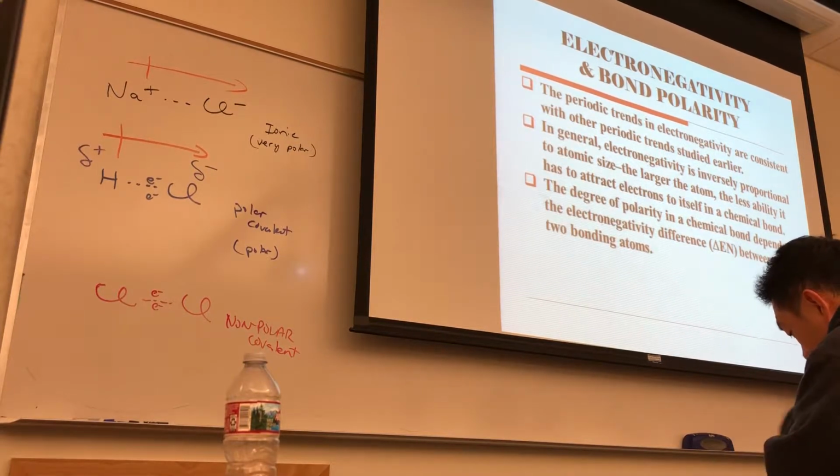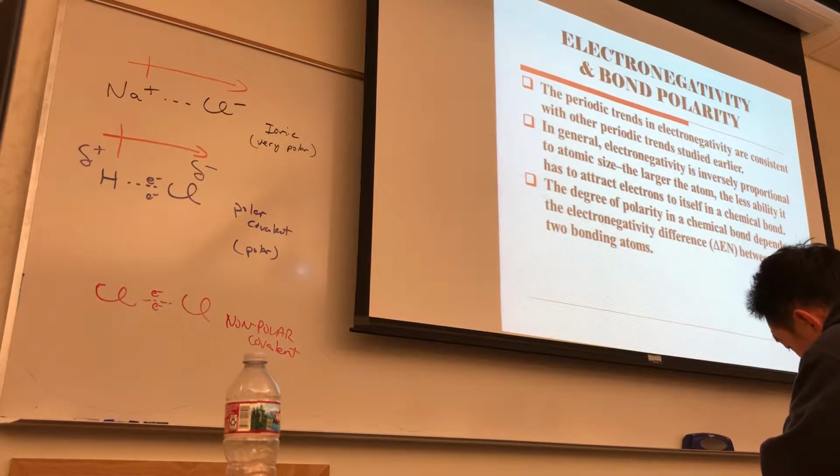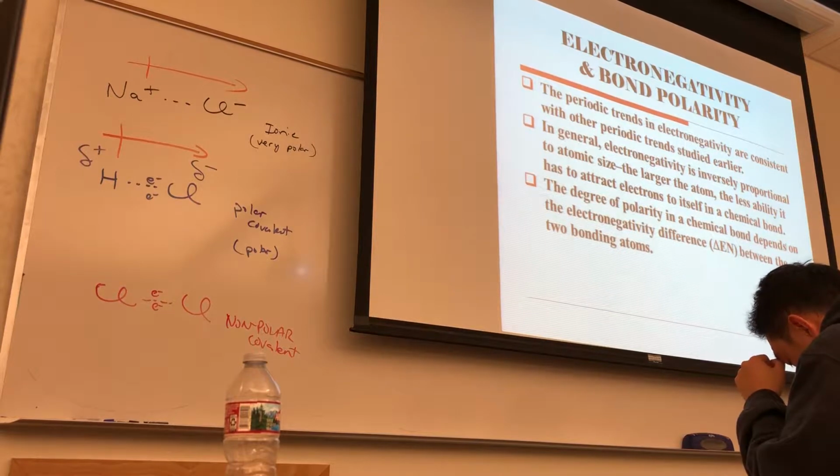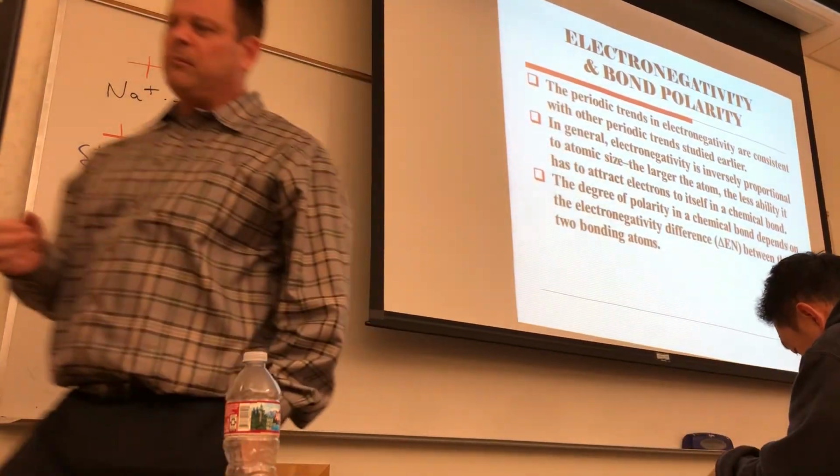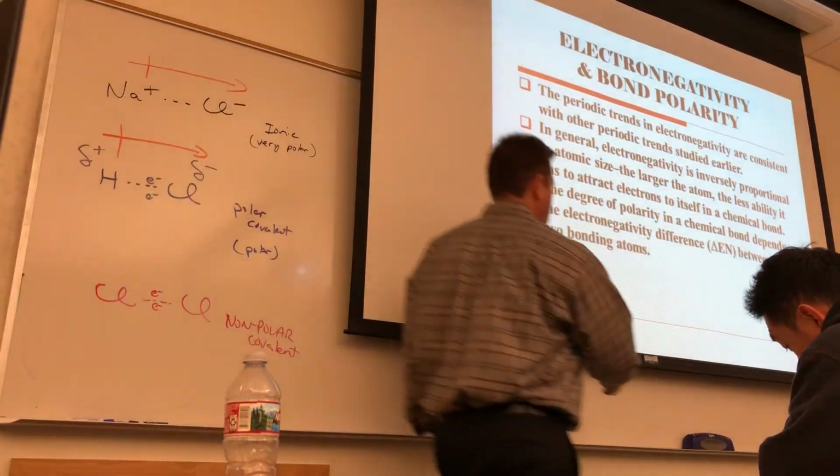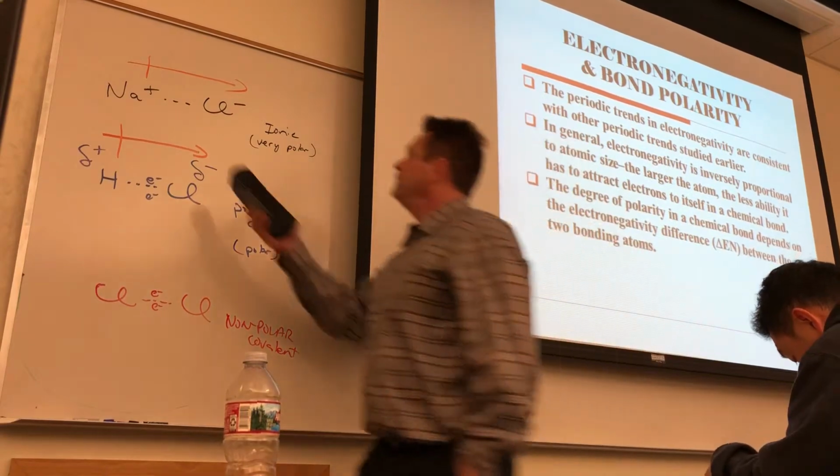That has a hydrogen involved, and it has one of these small, highly electronegative atoms connected. It's got to be small, so it's got to be either N, O, or F. When N, O, or F bind to hydrogen, it's not a chemical bond, it's an intermolecular bond. Let me see.